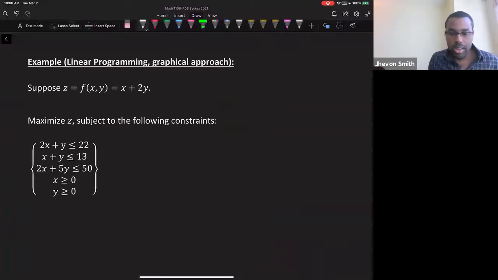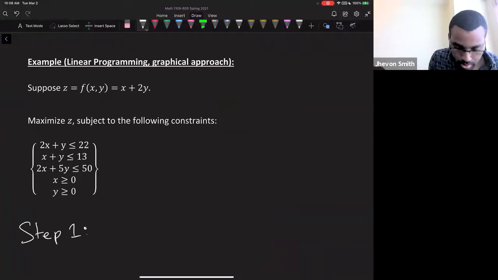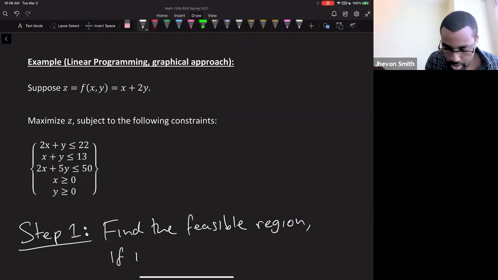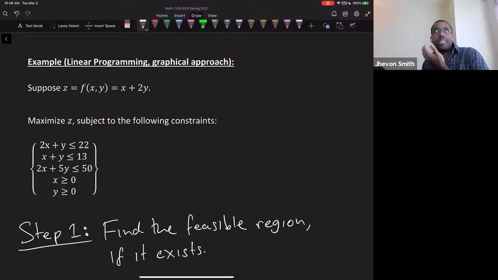So now, step 1. Find the feasible region if it exists. Chances are in this class, if I ask you to do it, it's going to exist. We're not going to deal with that situation. But you should know that in general, it's possible to not exist.